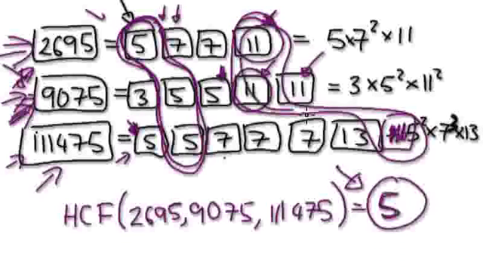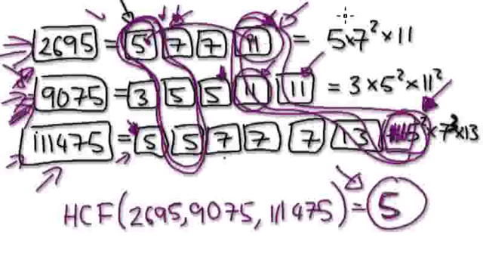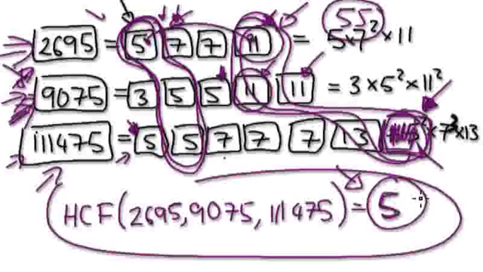Then 5 is a common factor and 11 is also a common factor, and if we merge these together, 55 would be the highest common factor. This is assuming we're pretending there's an extra 11. Anyway, the highest common factor here is actually 5, even though it's quite low.